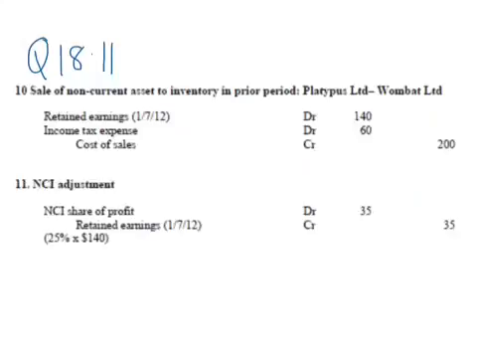So therefore, we have to adjust our opening retained earnings with the unrealized profit that sits in the opening inventory. So that sat in the closing inventory for the previous financial period.